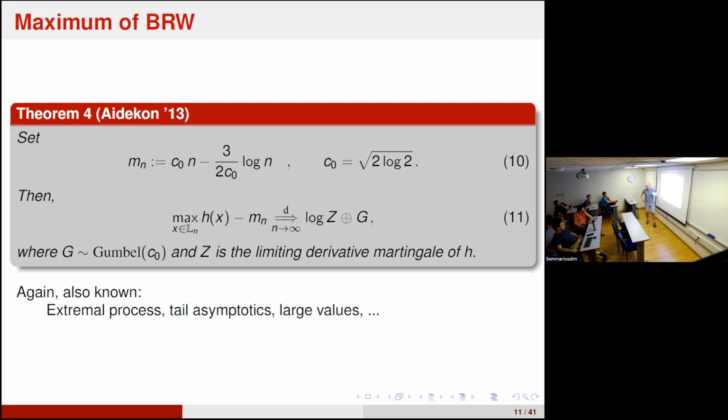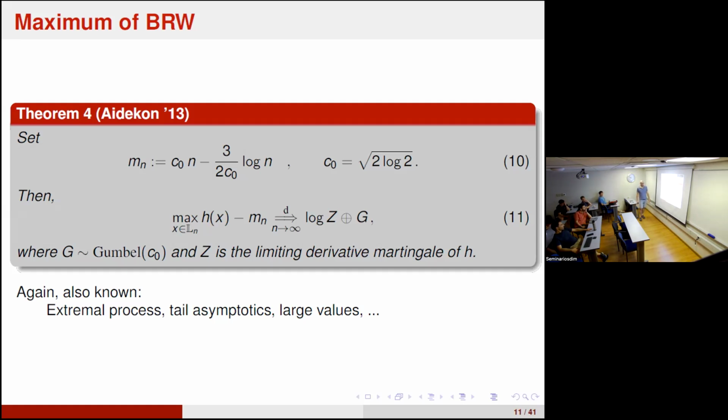There is an implicit way of getting this random variable as a limit of some martingale that's associated with the branching random walk or the Gaussian free field on the tree, but I won't be able to get into this. This is a well-known object, and it appeared in many other places.